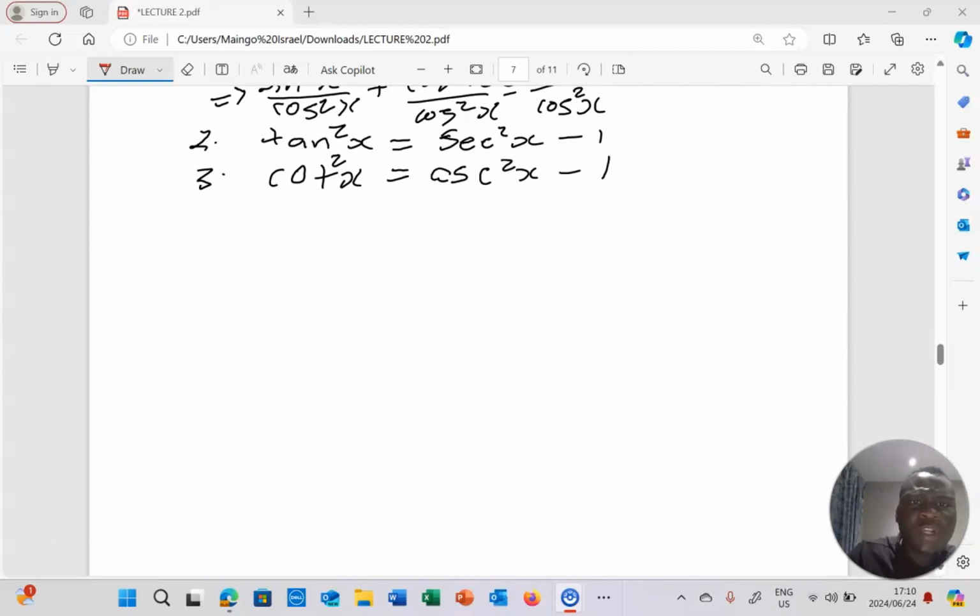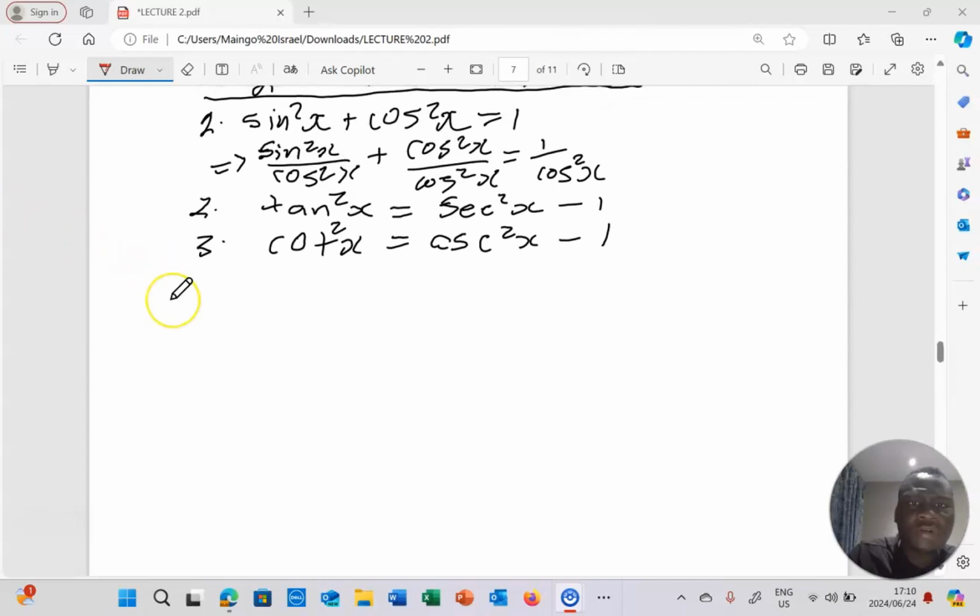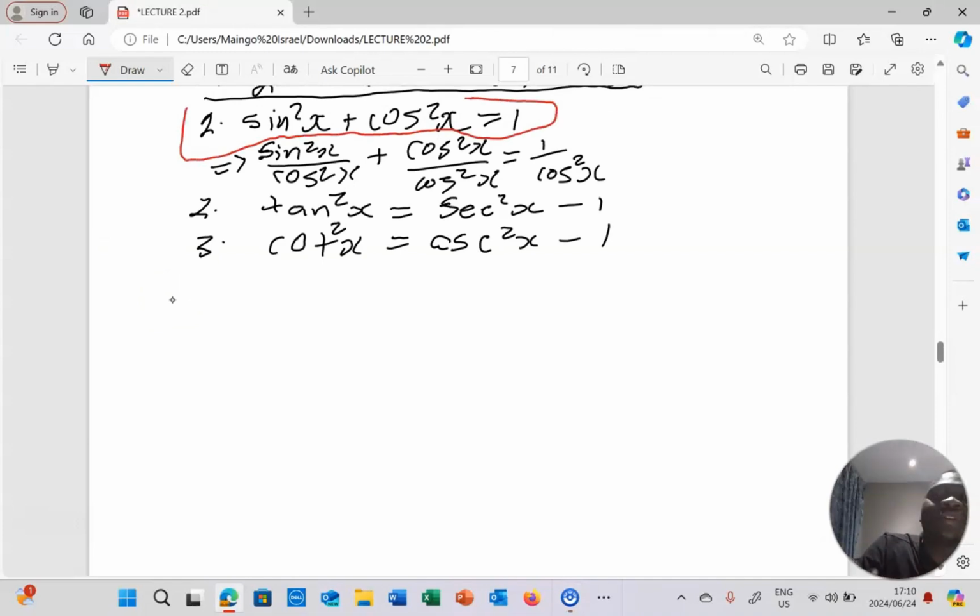So if we go back to the first identity, sine squared x plus cos squared x equals 1, we know that we can do something like this. We can have sine squared of x equals 1 minus cos squared of x.